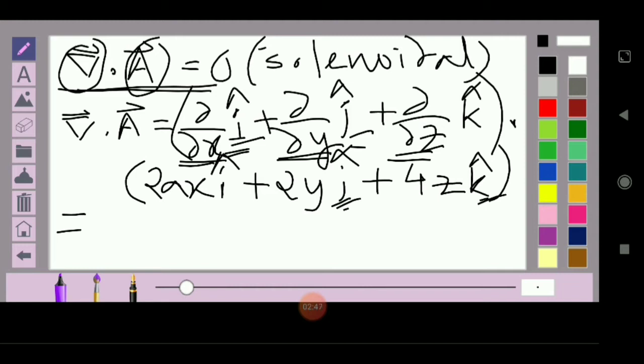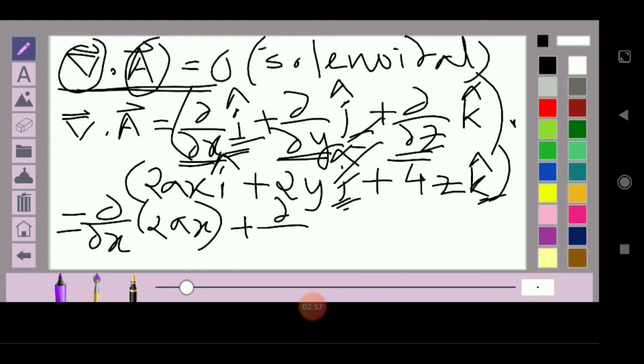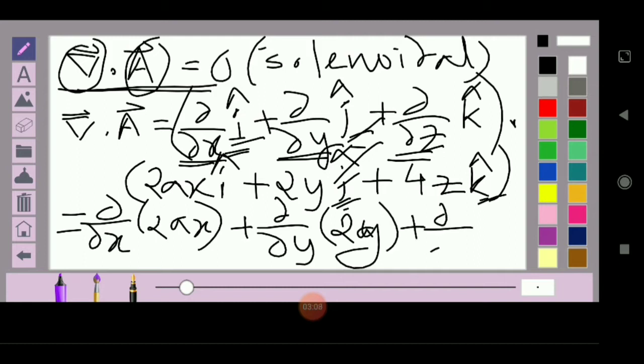So that is del x of 2ax plus del y, only j hat and j hat we will take, del y of 2y, right? Plus del z of 4z only, right?